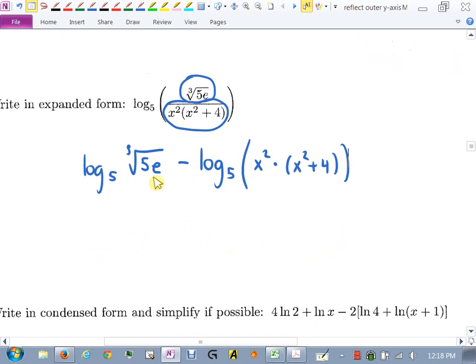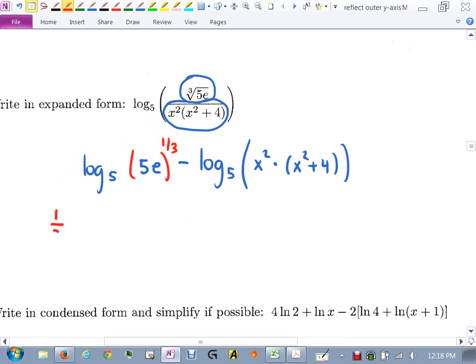That's the first thing I'm doing. How about this? What can I do with this? I could make that a 1/3 instead of a cube root. Is that all right? Then what can I do with the 1/3? Pop it out front, right?